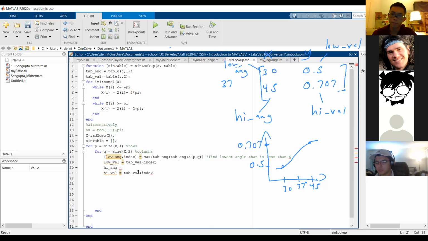I'm sorry, in the comment, isn't it find highest angle that is less than x? Yes, highest, so maximum value that is less than x. So maximum value of the maximum angle that is less than x. Doesn't that mean find highest angle that is less than x in the comments?